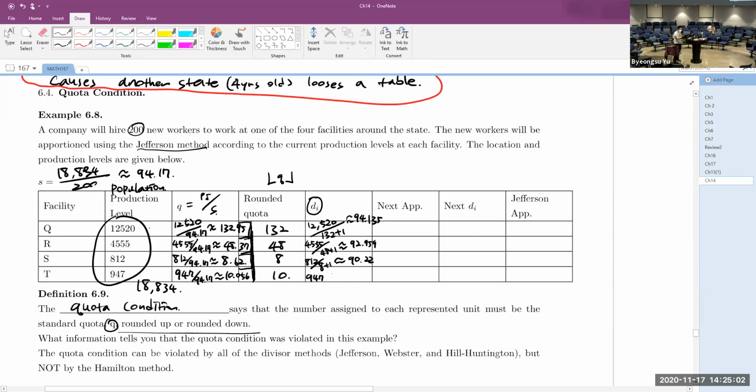And the last one is 947 over 10 plus 1, which is 86.0 something. So here, the greatest d_i divisor is from the first state, Q. So we need to add plus 1 here to get 133, 48, 8, 10.